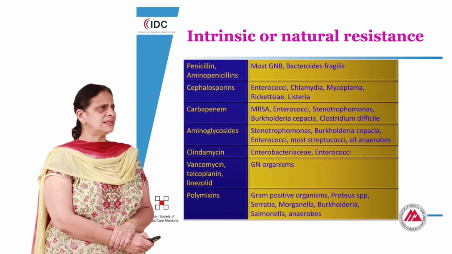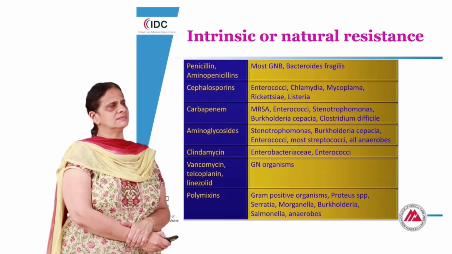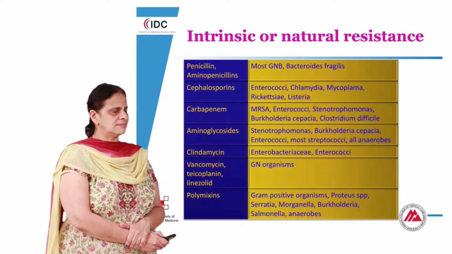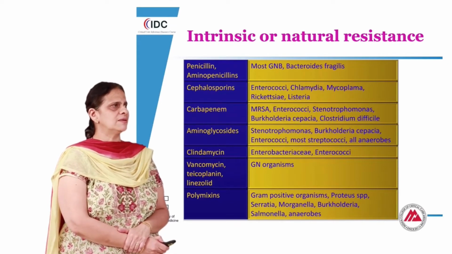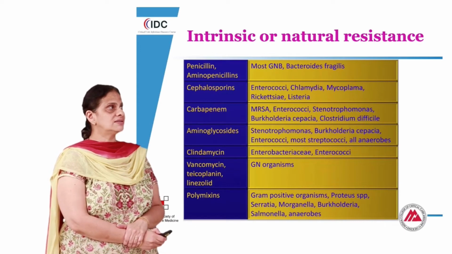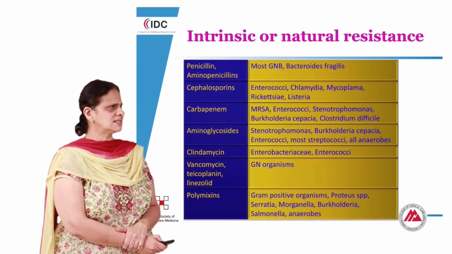It wouldn't be completely resistant, but meropenem is not so efficacious for enterococci, it is less efficacious than imipenem. Stenotrophomonas, Burkholderia cepacia, and C. diff are traditionally defined as intrinsically resistant.